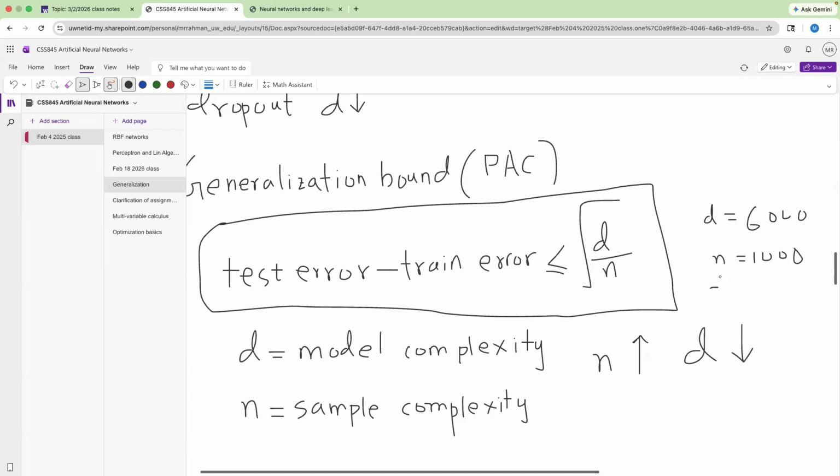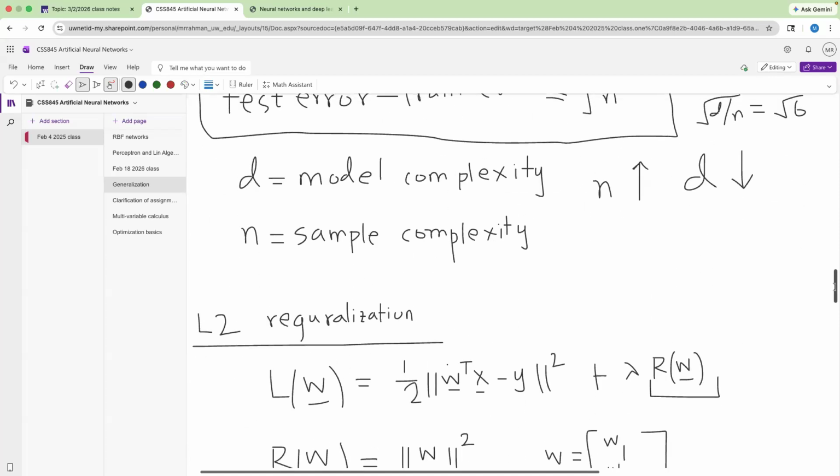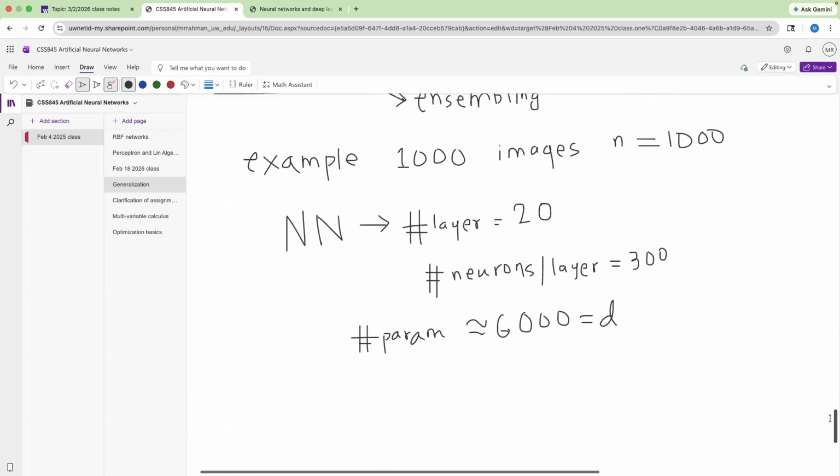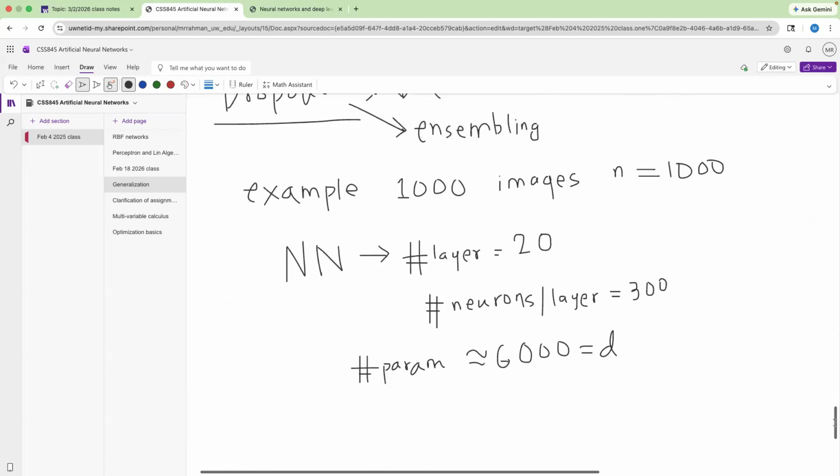That means the square root of d by n is about the square root of 6, which means that we actually have a big gap between the test error and train error, right? So this number is large, so we expect this to overfit. We can say we have a model that is probably too complex compared to the amount of data that we have, right? So we can expect that this might be overfitting.